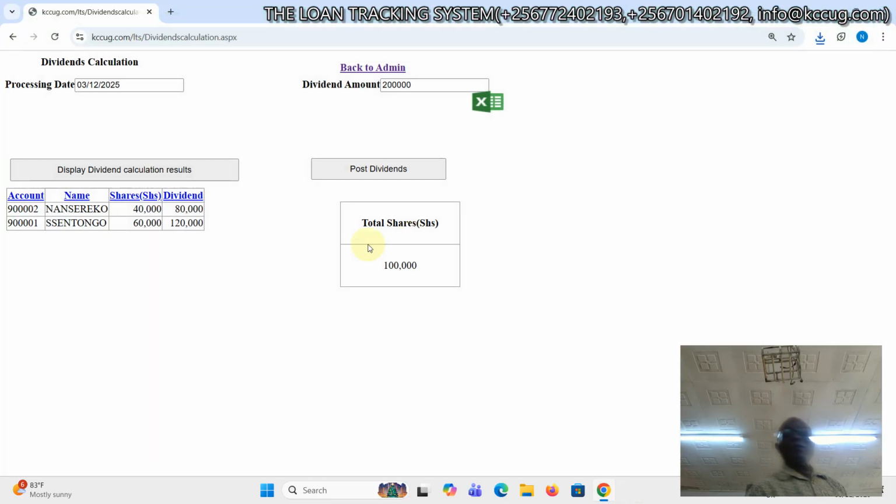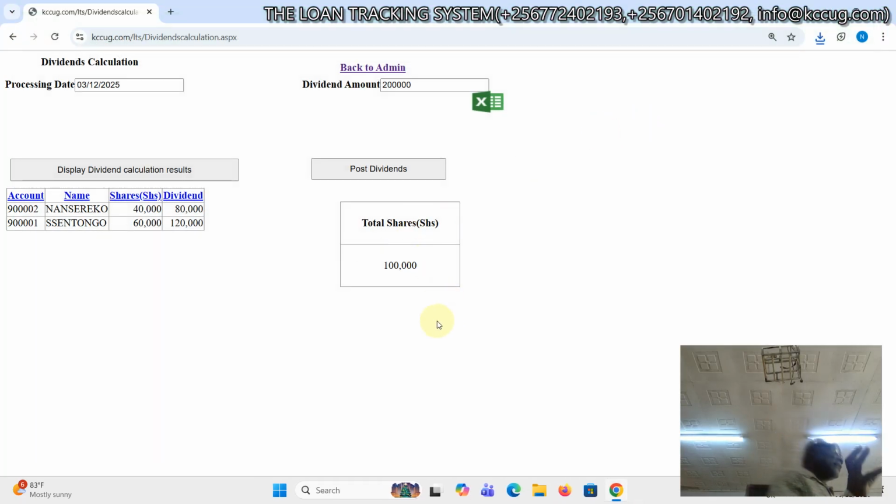So now, after you have established the allocation of each member, you tell the computer to post this. Let us check and see where it has put this. Where do you think this computer has put it?